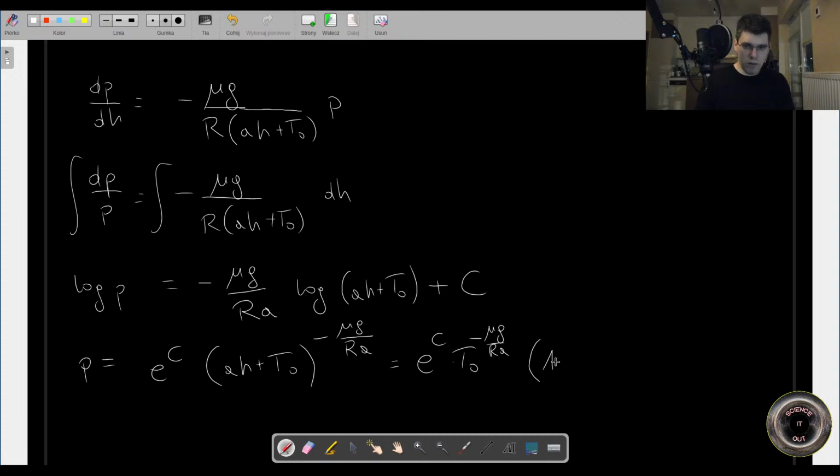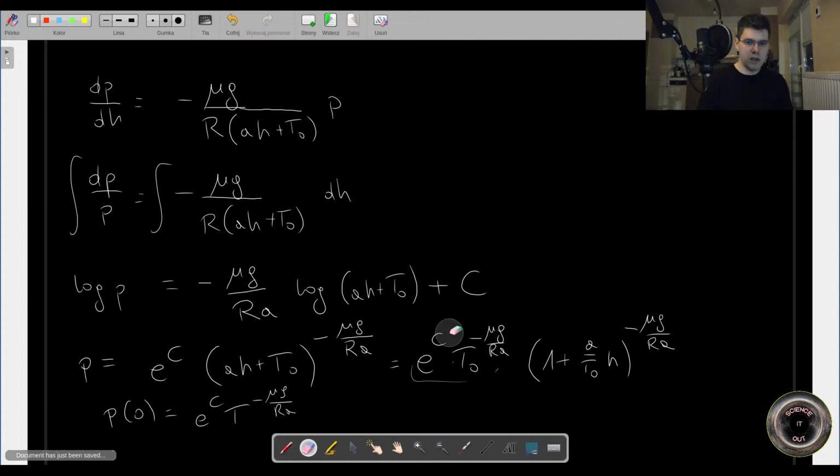And then we will have (1 plus a divided by T0 times h) to the power of minus g by R a. And now, if h is equal 0, then this whole thing is equal 1, and basically we get that P of 0 is equal to just this part, e to the c times T0 to the power of minus g divided by R a. So we can just erase this and write P0. Tada!